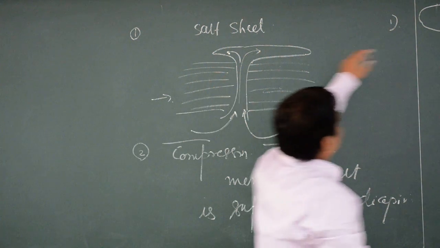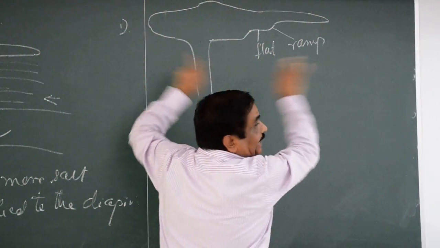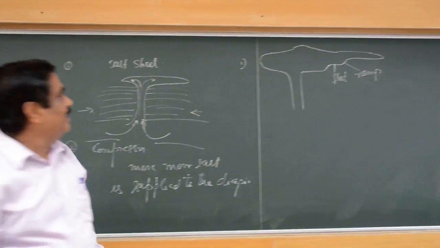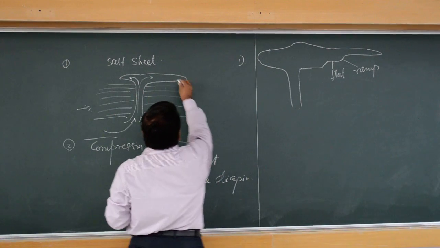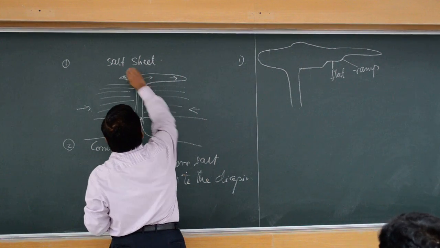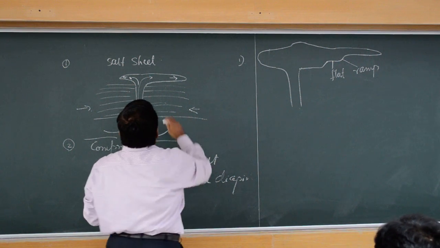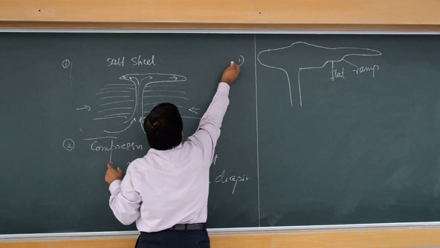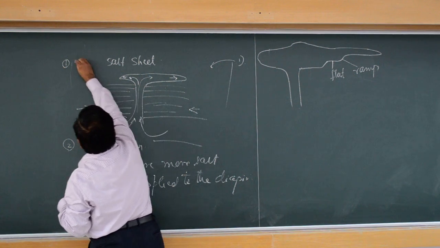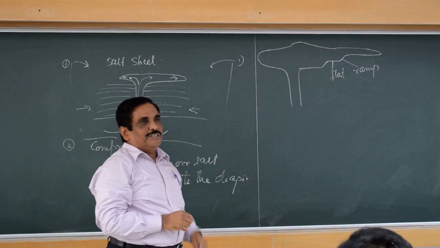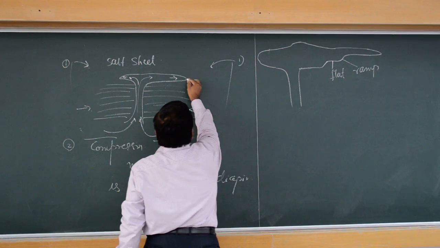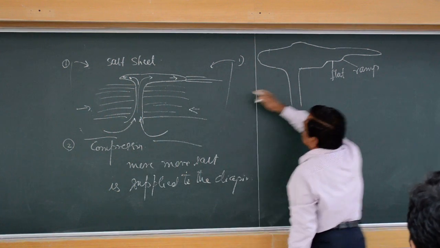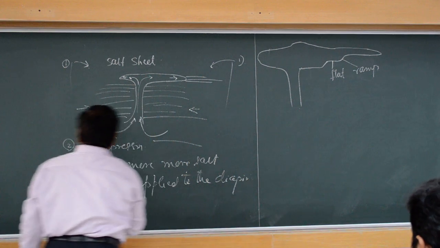Now when this injection is taking place, this is trying to spread. When more and more injection is taking place, this is trying to spread. But at the same time, this is a basin. Sedimentation is also going on. So at the front, these areas, at the front I will write from here.